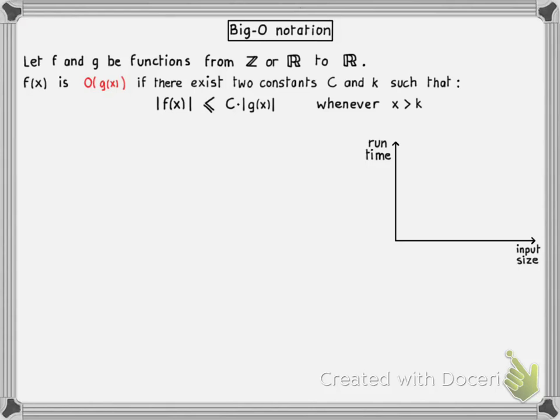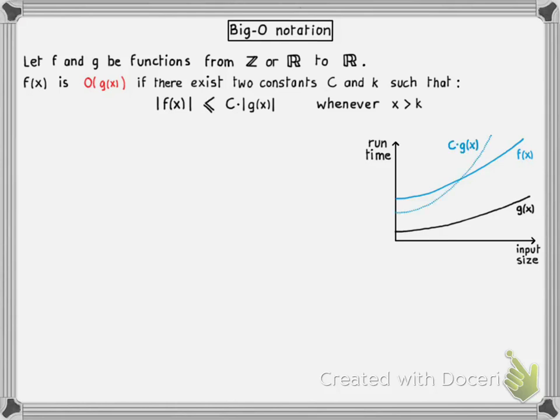And let's draw an arbitrary function g of x and an arbitrary function f of x. Now, we're not comparing directly f of x and g of x. We're going to compare f of x with the function g of x multiplied by a constant. So now I'm going to draw as a dotted line the function c times g of x for some constant c.